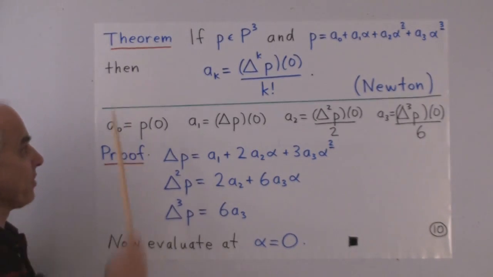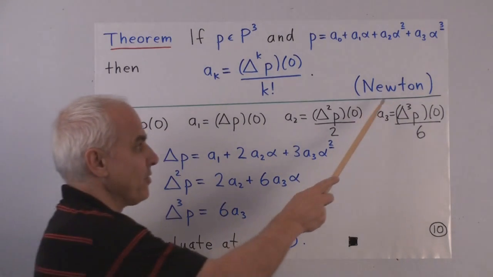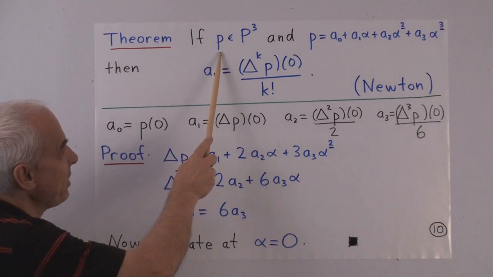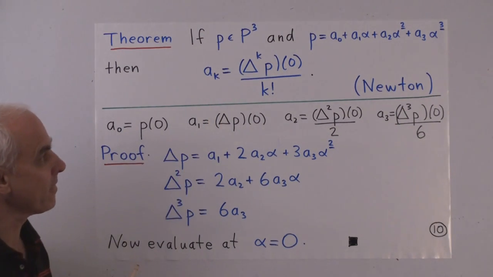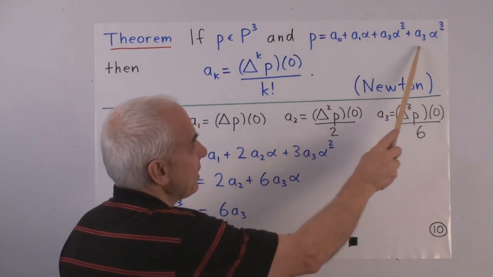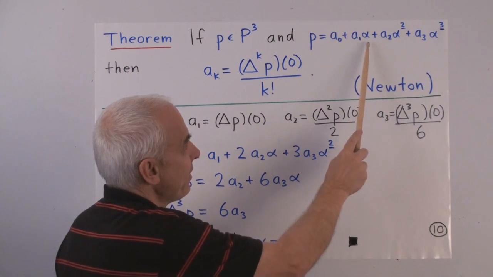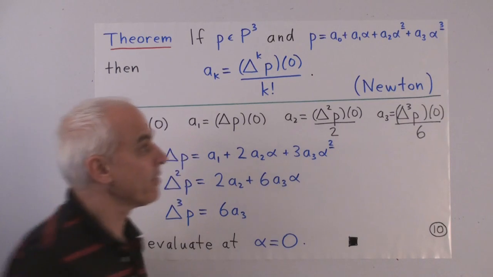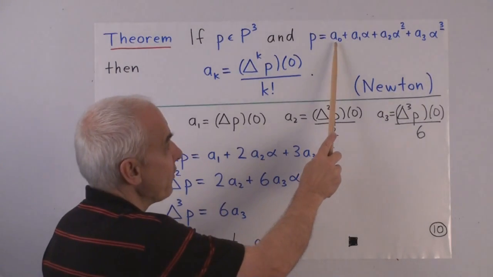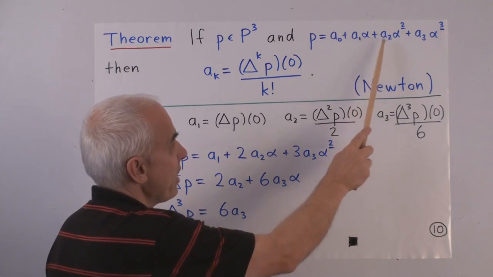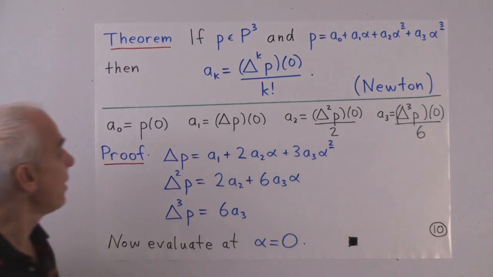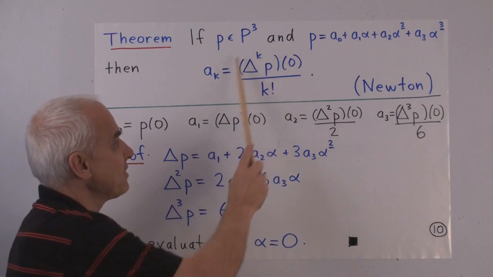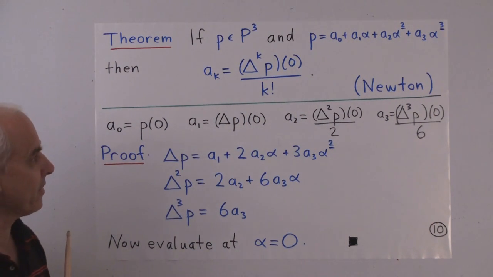So here's a major theorem, which goes back to Newton. If you take a polynomial p in P3, and you express it as a linear combination of 1, alpha, alpha to the 2 lowering, and alpha to the 3 lowering, so we have certain coefficients A0, A1, A2, and A3, then these coefficients are given by this nice compact formula.